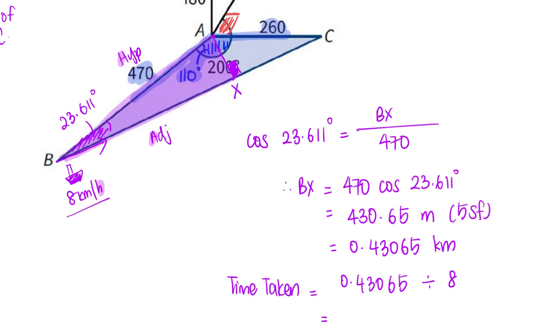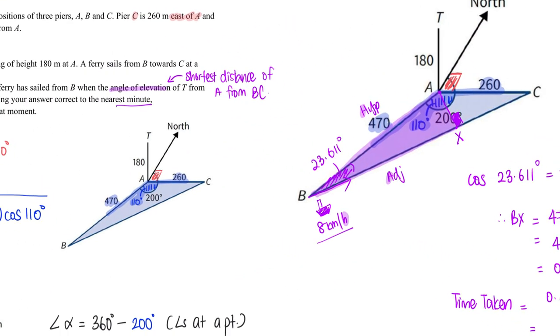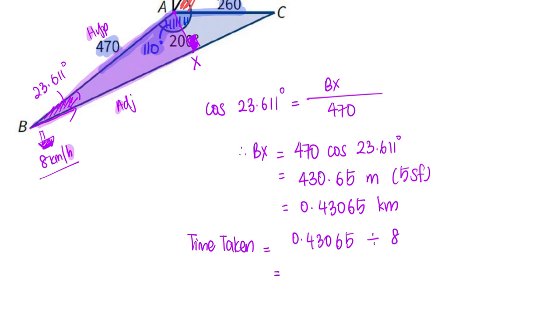And do take note, this will give me the answer in terms of hours, but going back to the question, they want the nearest minute, so later on you would see Mr. Tan converting it to minutes. This will be equal to 0.05383125 hours, which is equal to 3.2298 minutes.